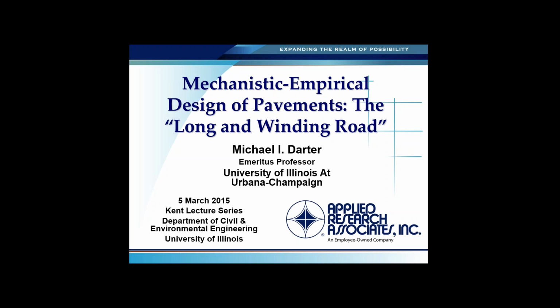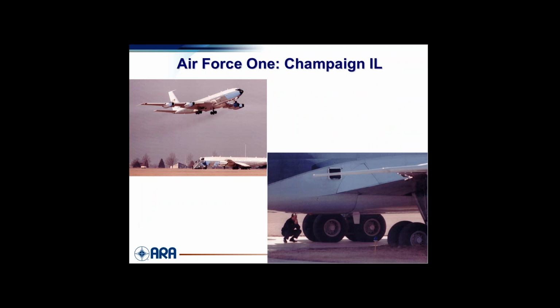So, yes, we're going to talk a little about mechanistic empirical design and that long and winding road. There's a couple of pictures before then. I'd love to show this. This is Air Force One taking off, and this is Air Force Two right here. In the early 90s, President Clinton, after the re-election, and Vice President Gore came to Champaign-Urbana to give a big speech, two speeches, I guess.